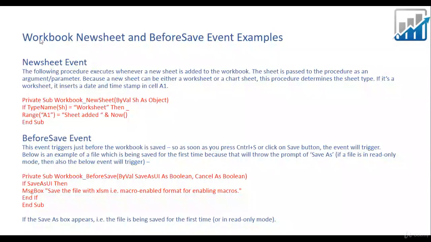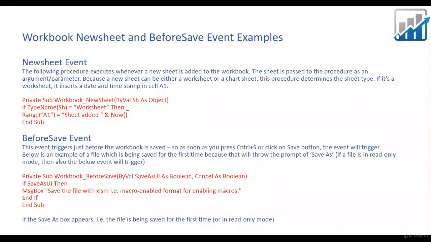So now let's look at Workbook New Sheet and Before Save event examples. For New Sheet event, this particular procedure will execute whenever a new sheet is added to the workbook, and the sheet is passed to the procedure as an argument or a parameter. Now, because a new sheet can be either a worksheet or a chart sheet, this procedure determines the sheet type.